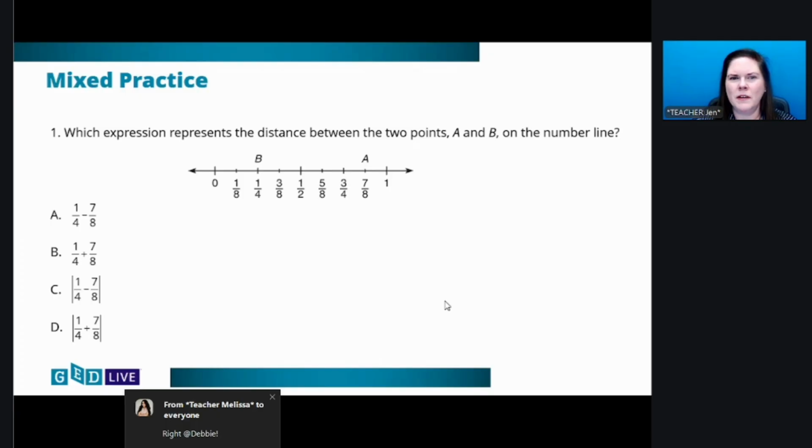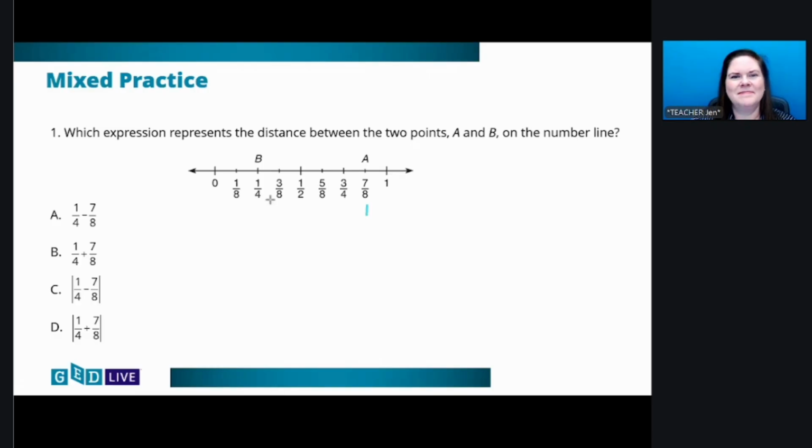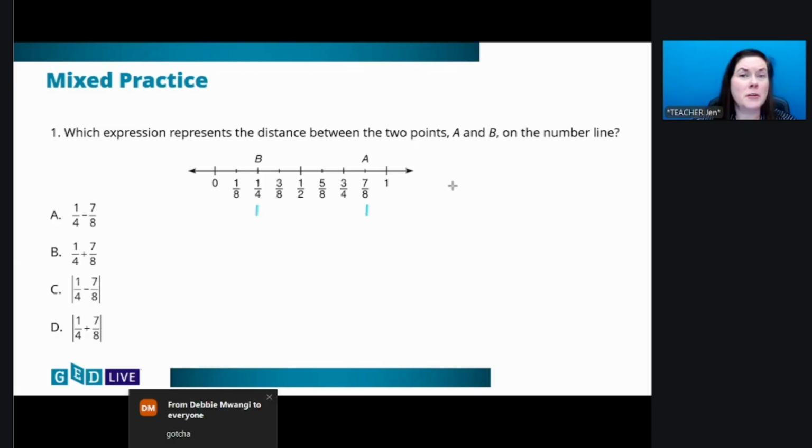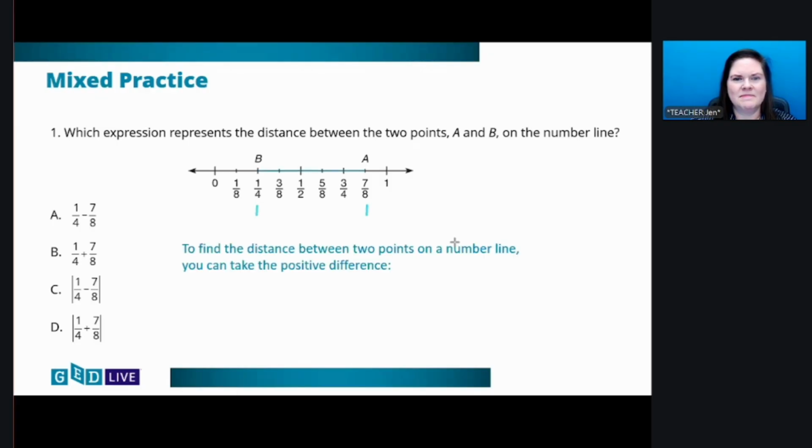So we're looking for the distance between A, which is this one, and B. So remember, to find the distance, we can take the absolute value of the positive difference. So that would be the absolute value of 7/8 minus 1/4.